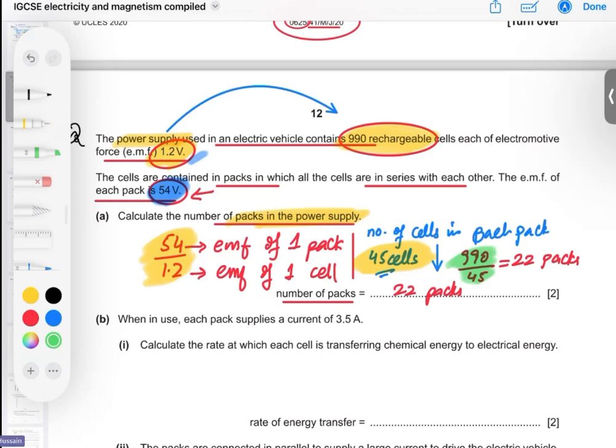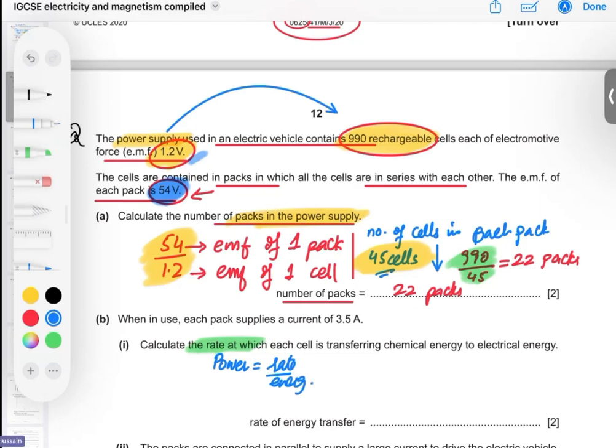When in use, each pack supplies a current of 3.5 amperes. Calculate the rate at which each pack is transferring chemical energy to electrical energy. Whenever I use the word rate, recall that power is the rate of energy.